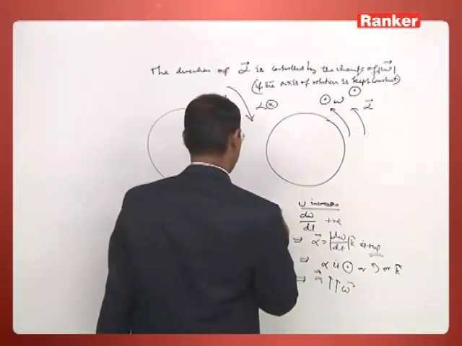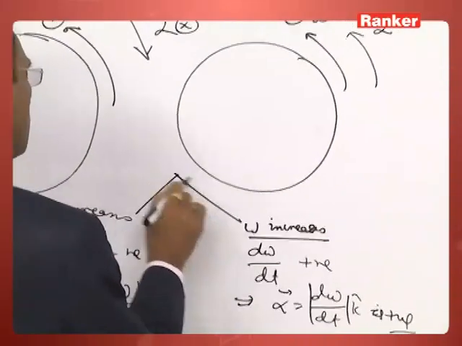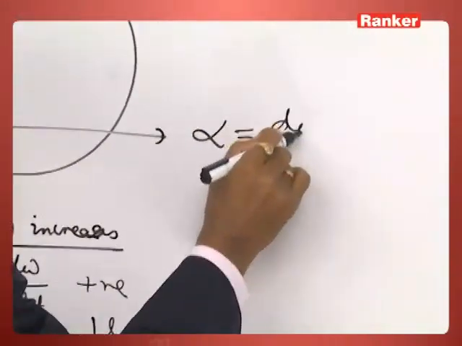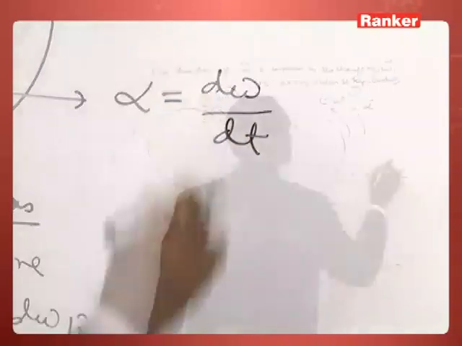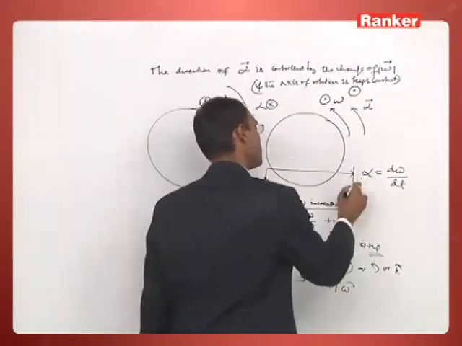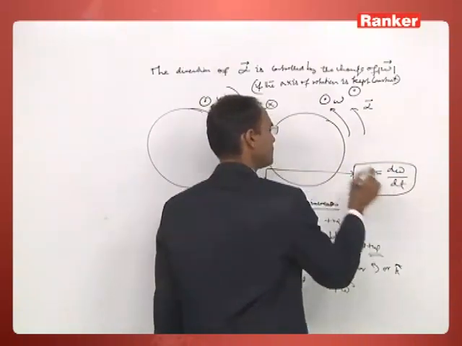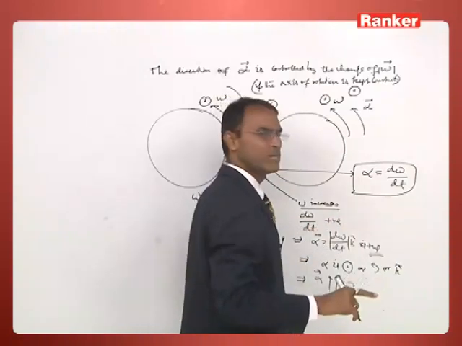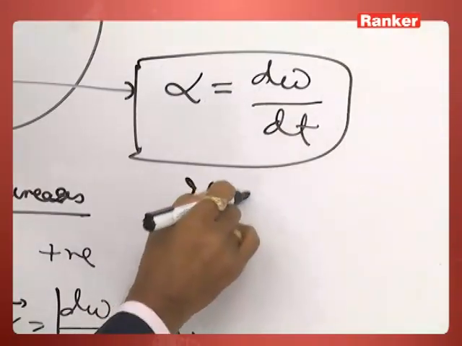Alpha is equal to d omega by dt. Without any vector sign also you can write like this. But remember, if omega decreases, alpha is negative.